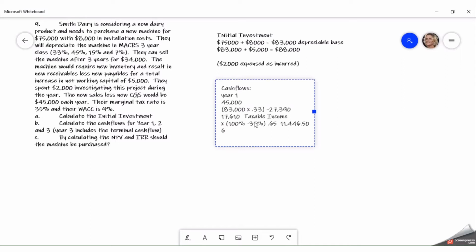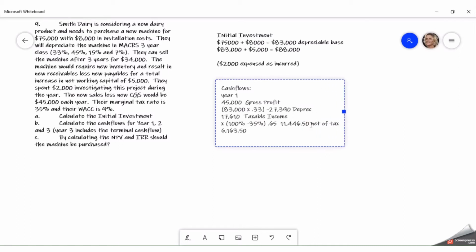So then I'm going to subtract that from my 17,610, and that leaves me $6,163.50. So if I can go up here, this is my gross profit, this is my depreciation, and then that is my net of tax.